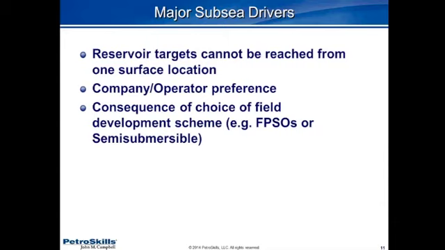It's not capable of supporting dry tree DVA wells, and so generally will be associated with subsea systems. So sometimes there are external drivers for selection of the host, which can drive the selection of the tree location.